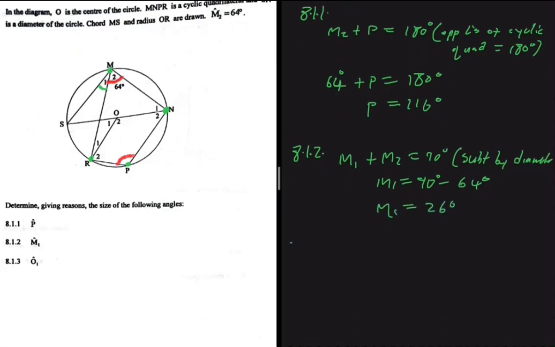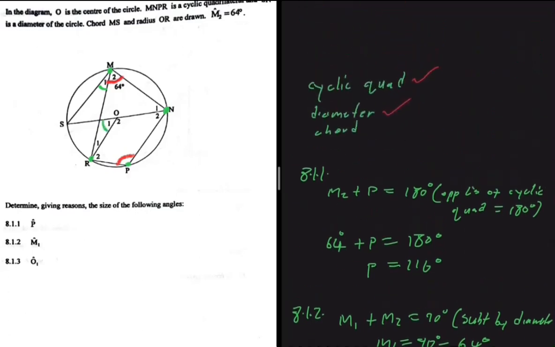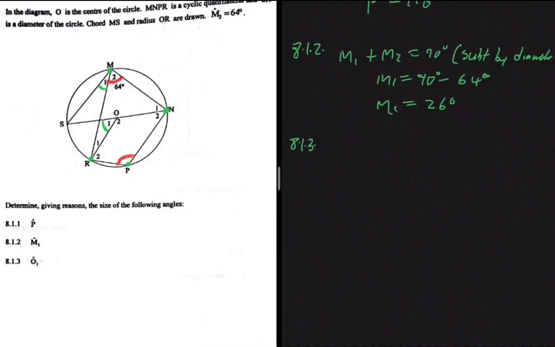And the last one, 8.1.3, we're looking for the size of O1, right? If we come to our keywords here, the only keyword that we have left is chord, right? But it won't help us much. But what I want you to realize here is that O1 should be twice M1, right?